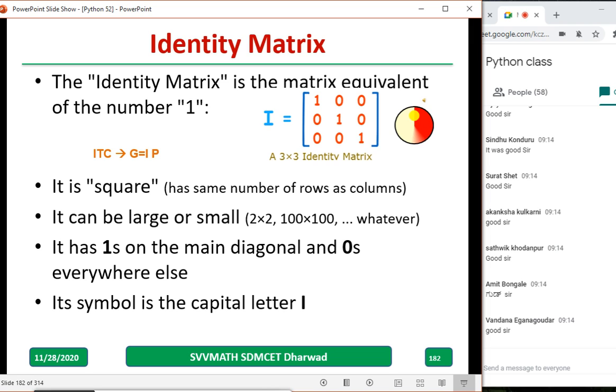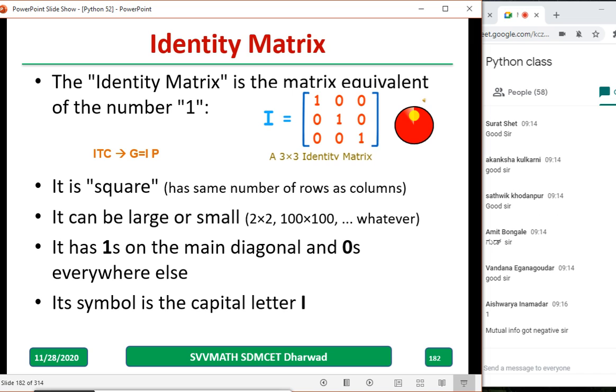I think for ITC, how many of you have written question number 1? You can say question number 1. Majority might have attempted question number 2. Okay, Aishwarya Inamdar has tried 1. Okay, good. Majority might have done 2, because in my division also the majority have written 2. Question number 1 I didn't find. After doing 30 paper evaluation, mutual information got negative, sir.